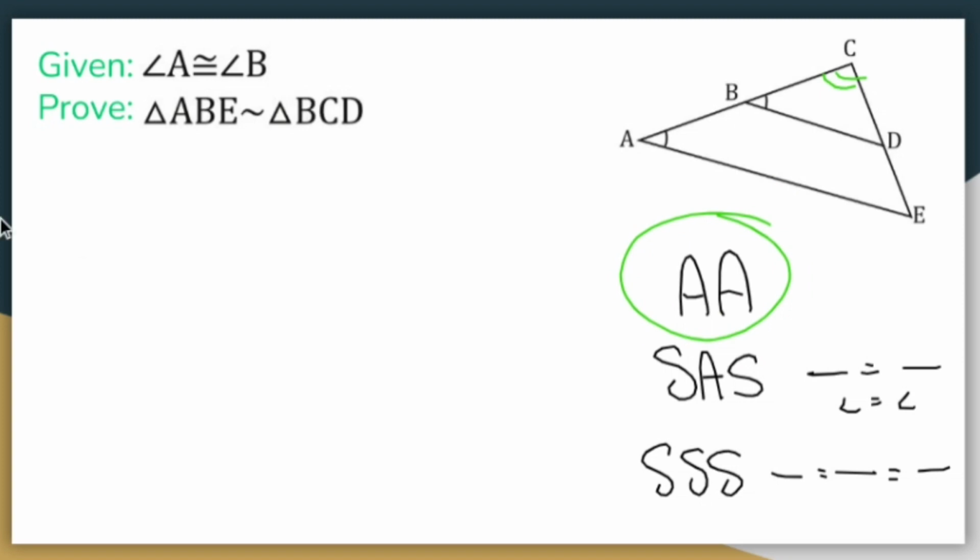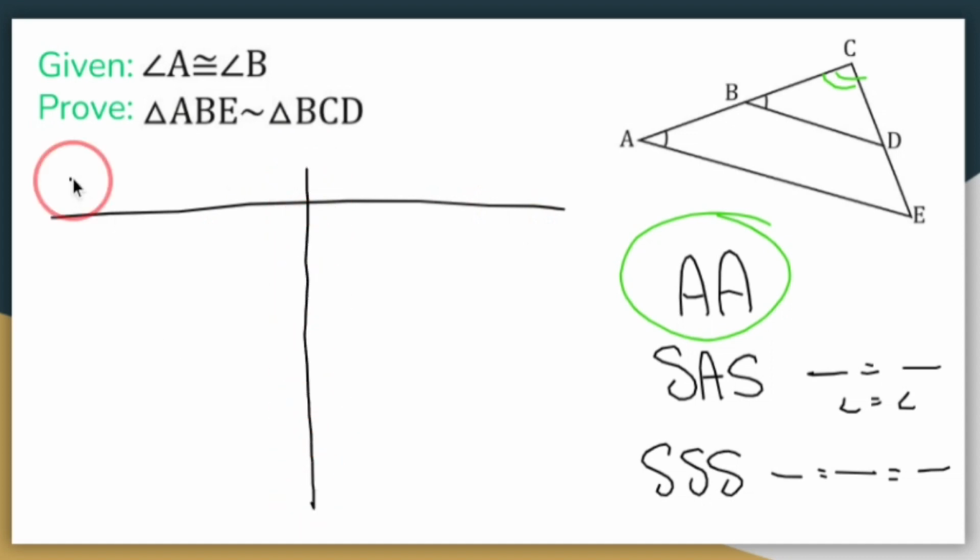I didn't copy and paste the statements and reasons two-column proof, so I'm going to do that right now. Statements, reasons. I'm going to state my given, and then say that the measure of angle C is the same as the measure of angle C. And then that's all I need. And then by AA, these 2 triangles are similar.